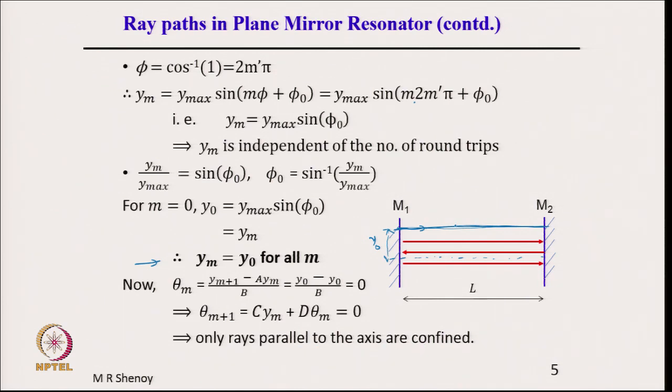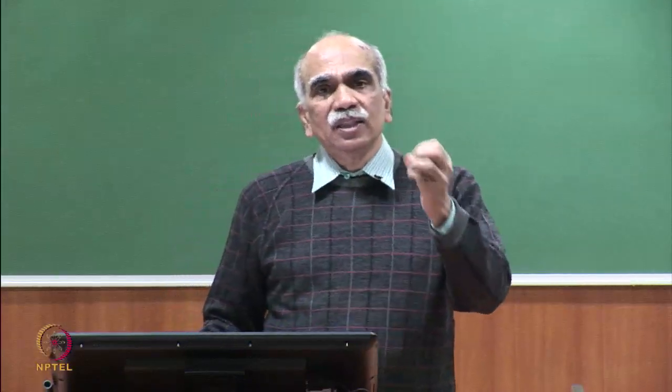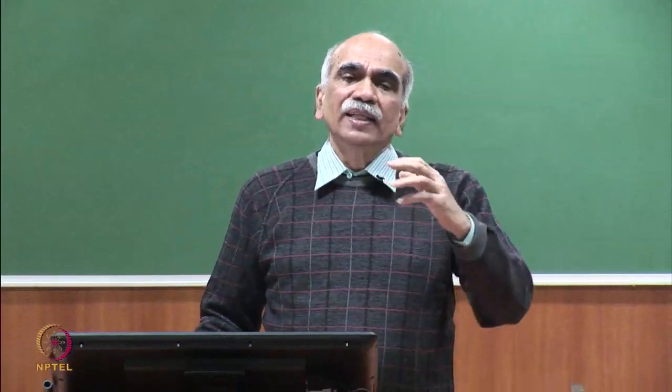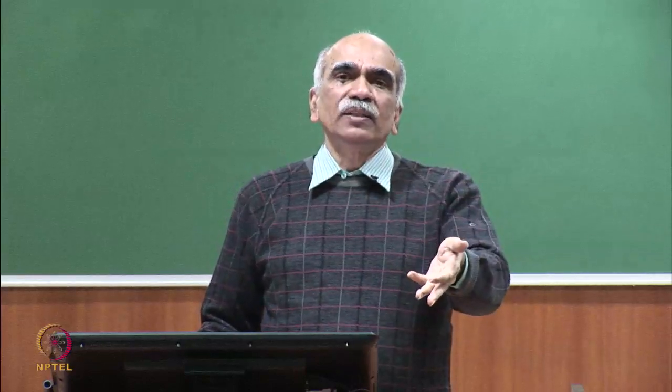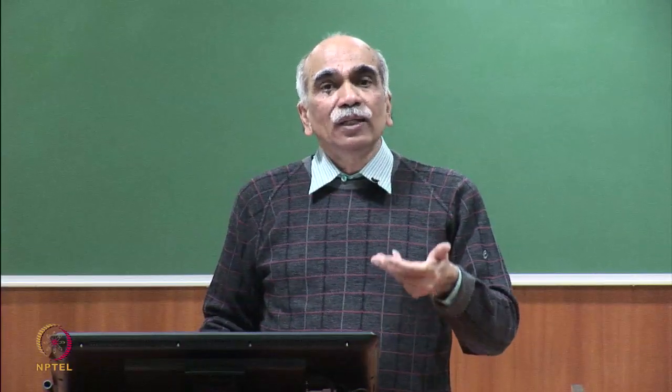So, there are 2 points. One, to trace the rays, the procedure followed is you start with a y 0 and theta 0, and then find out what is the next y 1, theta 1 after one round trip, after 2 round trips y 2, theta 2 and so on.